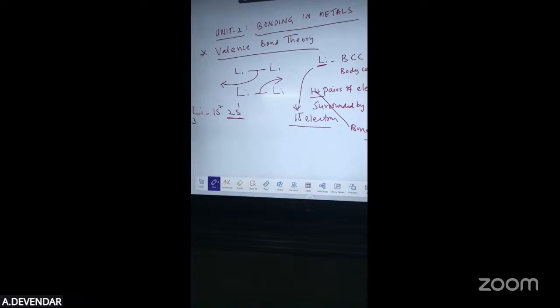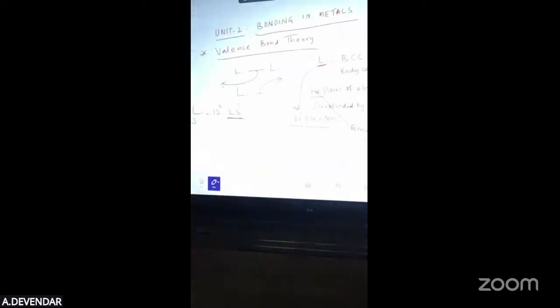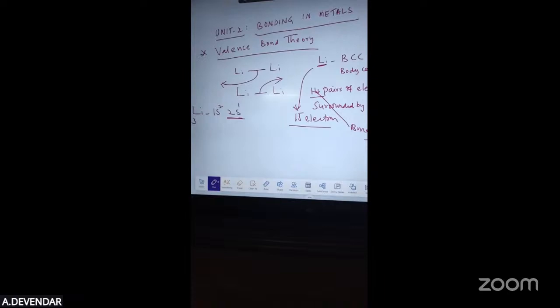That means they are surrounded by 14 pairs, meaning 8 plus 6: the nearest 8 pairs of electrons and the next nearest 6 pairs of electrons. These are the total. Okay, just a minute.